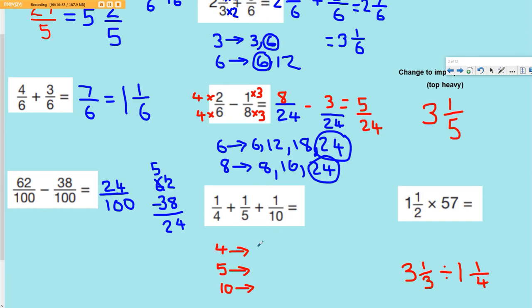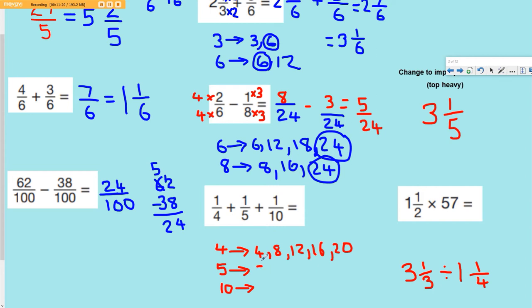Okay, so we do 4, 8, 12, 16, 20. And remember what I said? I said also that you don't want to carry on too far because it might take us a good chunk of time out of the question itself.